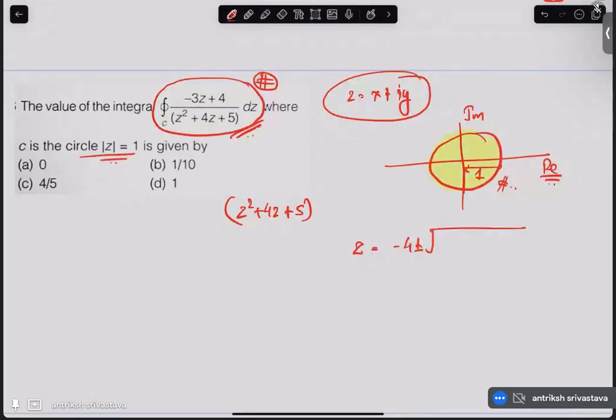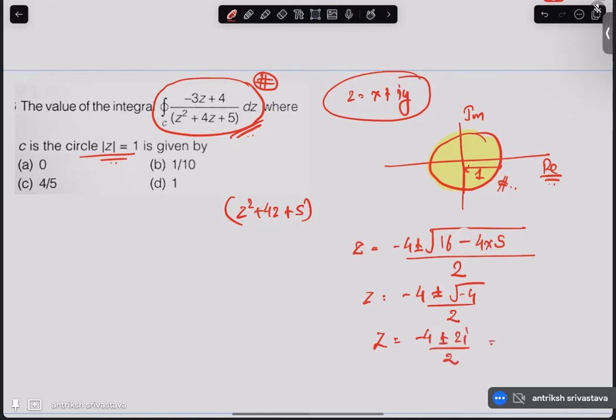So z is minus b, that is minus 4, plus minus root of b square, 4 square 16, minus 4ac, which is 4 into a is 1 and c is 5, and then divide by 2a, so 2. Z is equal to minus 4 plus minus root under minus 4 by 2. So z is minus 4 plus minus 2i by 2. So we have minus 2 plus minus i.